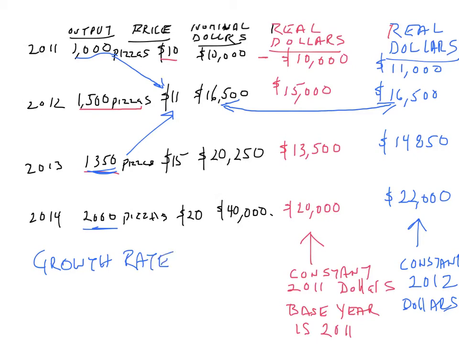If we're going to compare countries, that absolute value is fine as long as we're using the same base year in both countries. But we want to be able to calculate a growth rate, if we're just looking at one country, of GDP.